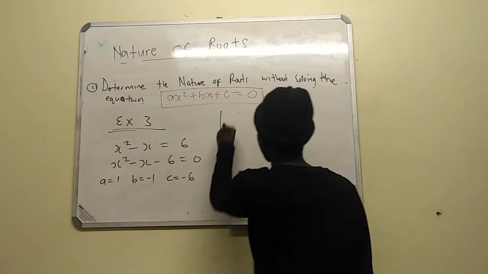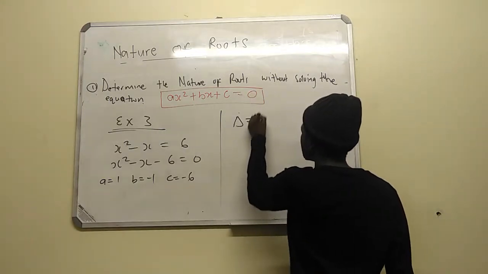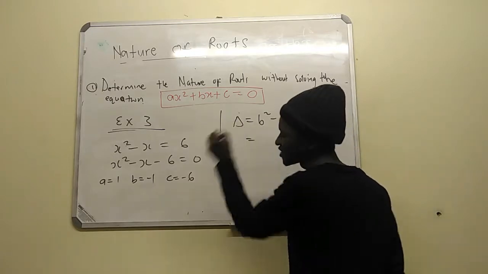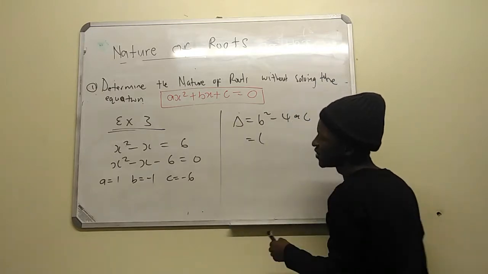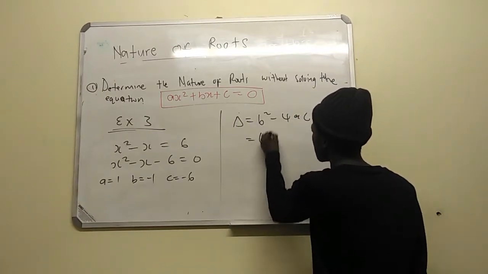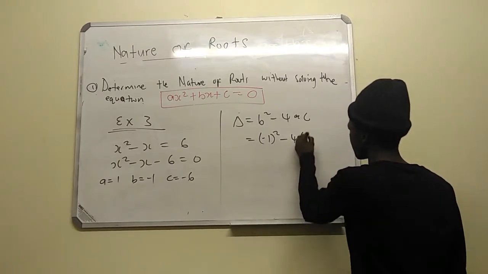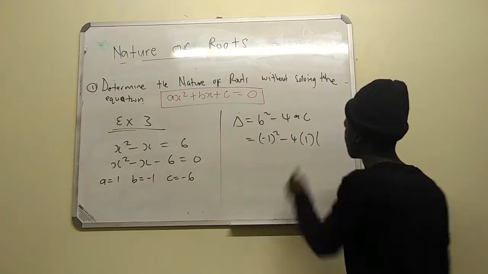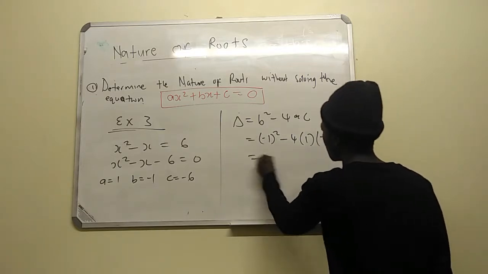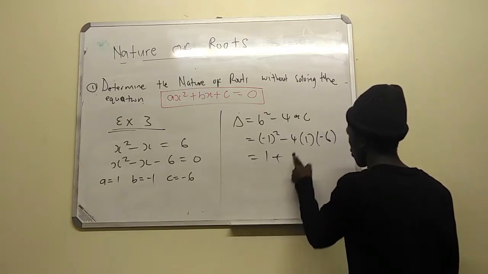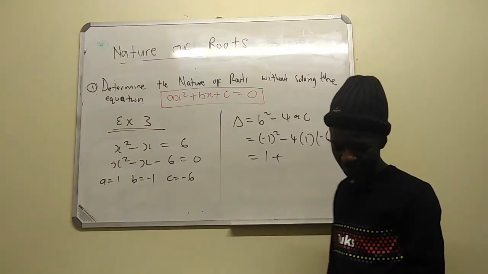Then now I have my delta. Delta is equal to b squared minus 4ac. Then you just substitute. The value of b is minus 1. Minus 1 squared minus 4, and then your a, and then your c, which is minus 6. So basically we have 1 plus 4 multiplied by 6. What is 4 multiplied by 6?